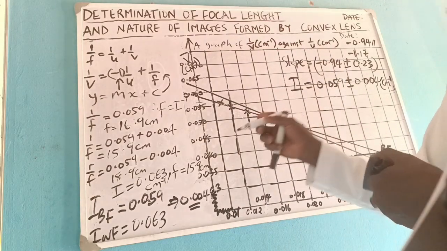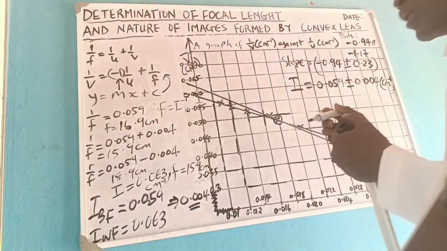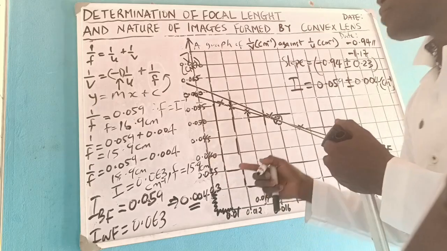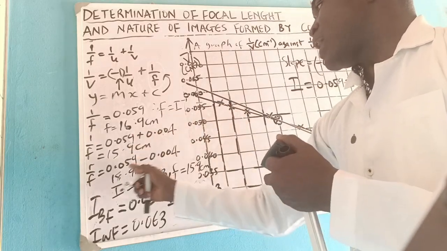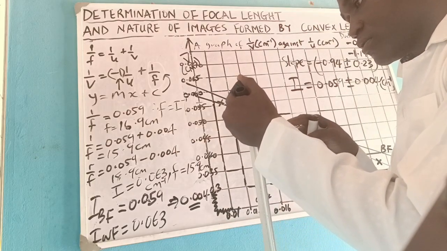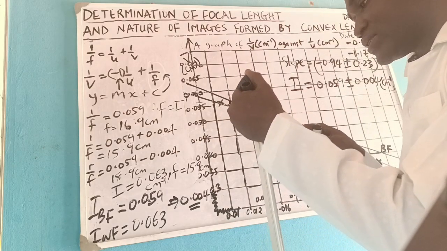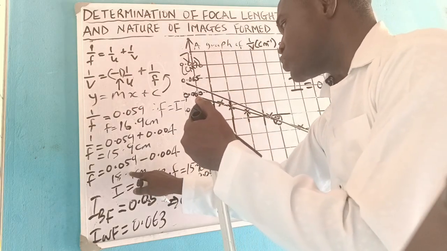Okay? That is about it, so to speak. Then when you add, it will be giving you 6.3. So the same thing will be 15.9 cm. Then when you subtract 0.055 inverse, it will be giving you 18.2 cm.